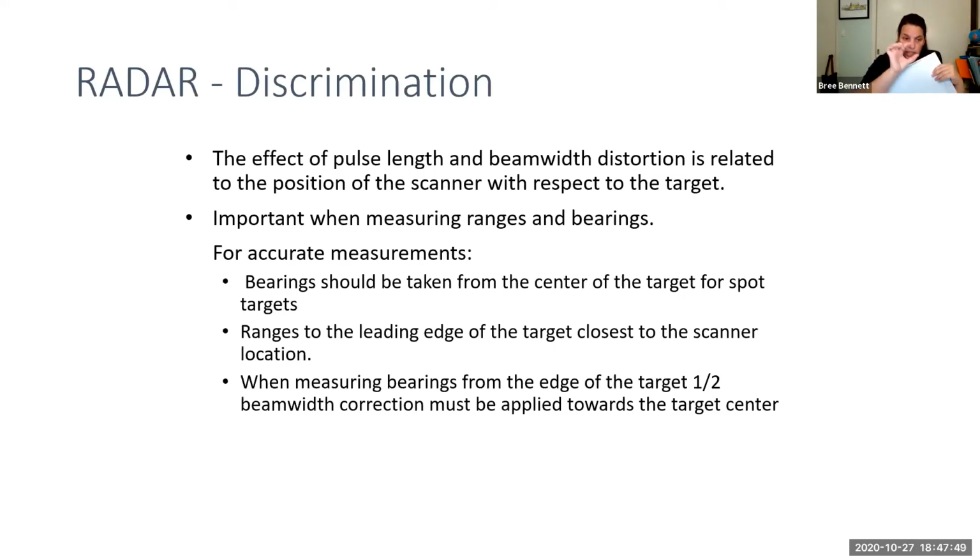So if that blip is this big or this big, or however big it is, you want to measure the middle of it for your bearing. And then you want to measure the closest side to you as the range. The range is on your VRM as it gets away from you. When it just touches that blip, that's the range. And then the middle of the blip is going to be the bearing.